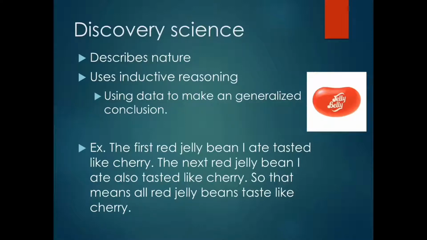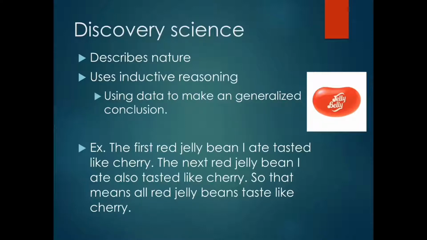So the first one we're going to talk about is discovery science. Discovery science is what describes nature. It uses inductive reasoning to do this. And inductive reasoning is using data to make a generalized conclusion. So my example says that the first red jelly bean I ate tasted like cherry. Well, then the next red jelly bean I ate also tasted like cherry.